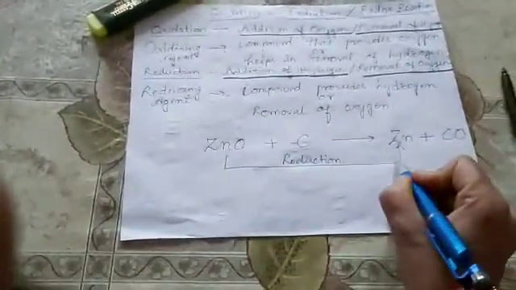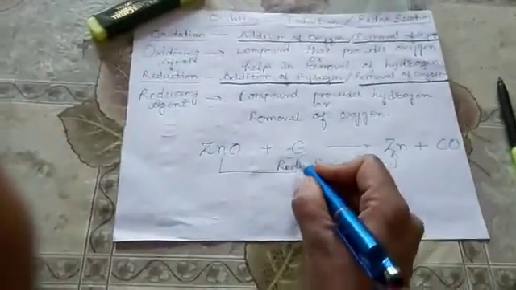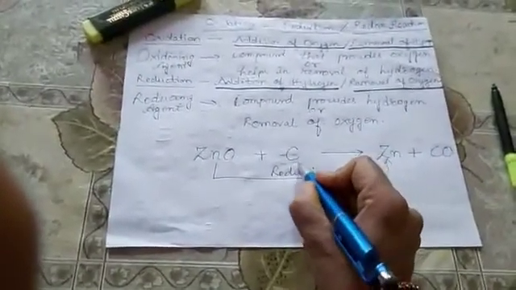On this arrow, we can mention that the process of reduction is taking place on zinc oxide. Now let us check where the oxidation process is going on. On the reactant side, the carbon is single, but on the product side, carbon is associated with oxygen.